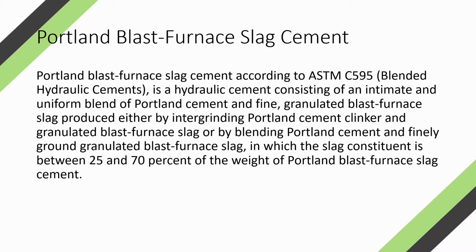So, Portland Blast Furnace Slag Cement, according to ASTM C595 blended hydraulic cements, it is a hydraulic cement consisting of an intimate and uniform blend of Portland cement and fine granulated blast furnace slag, produced either by intergrinding the Portland cement clinker and the granulated blast furnace slag, or by blending Portland cement and finely ground granulated blast furnace slag, in which the slag constituent is between 25 and 70% of the weight of the Portland blast furnace slag cement.